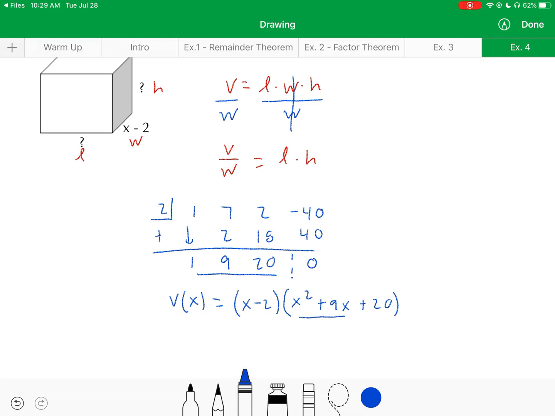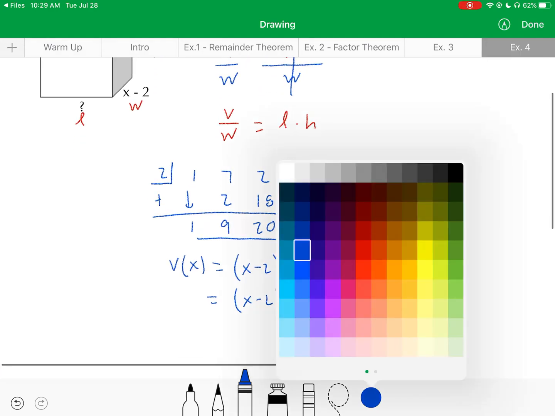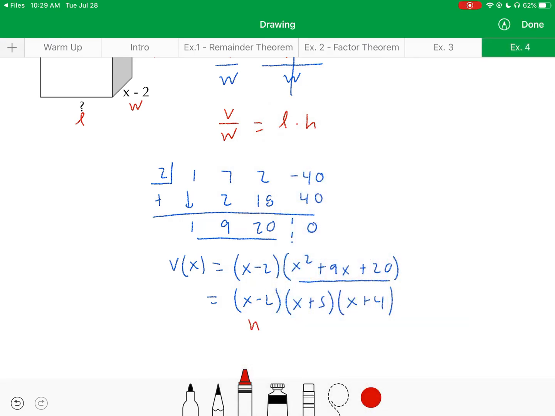And now the focus is right here. X squared plus 9x plus 20 is factorable to x plus 5, x plus 4. Okay, so we already knew that x minus 2 was our width. X plus 5 and x plus 4 can be considered binomial expressions to represent the length and the height of this box. All right.